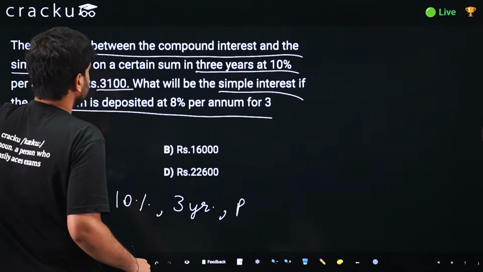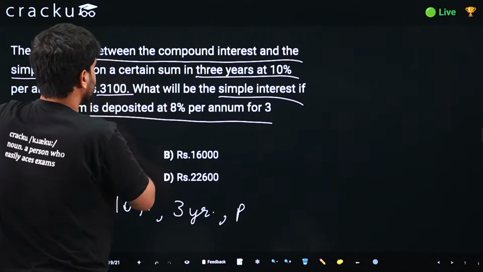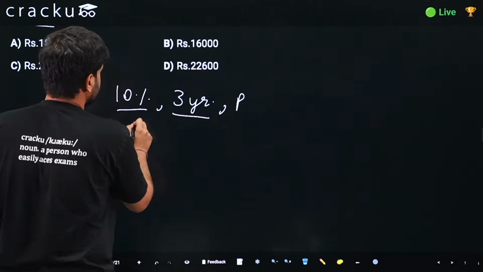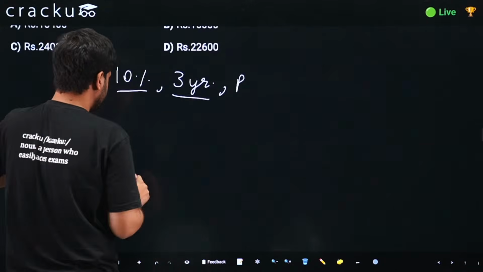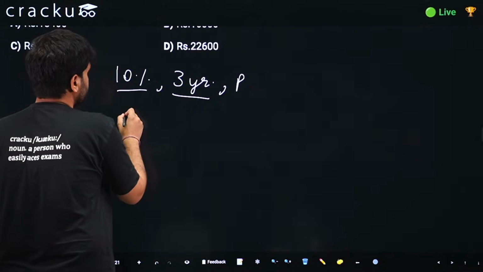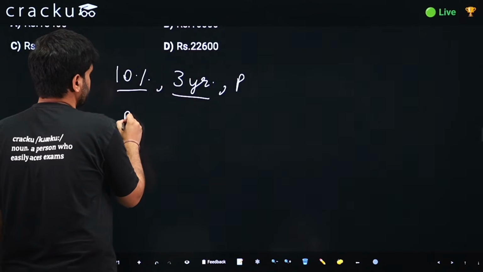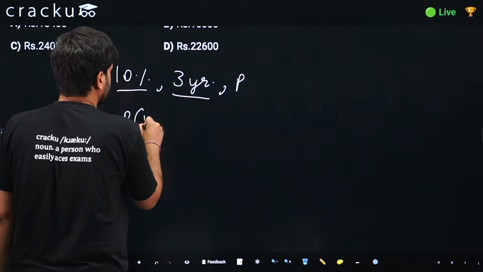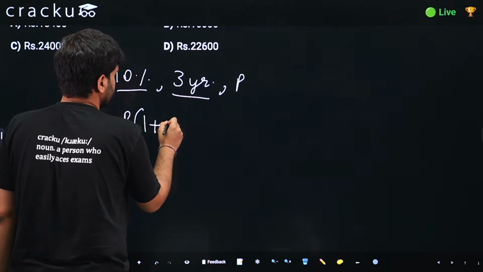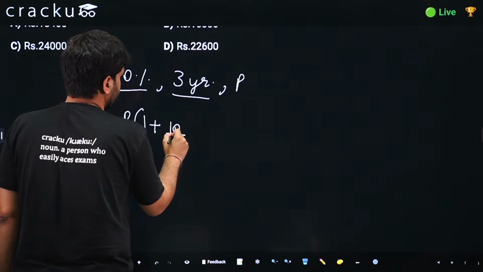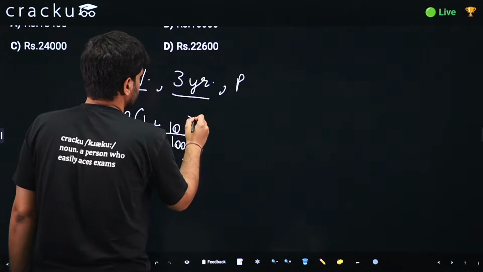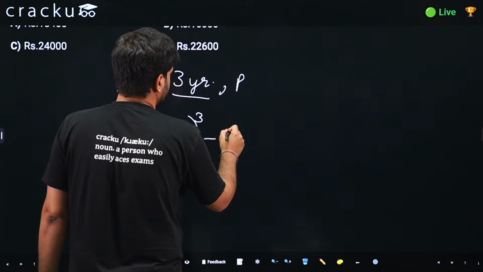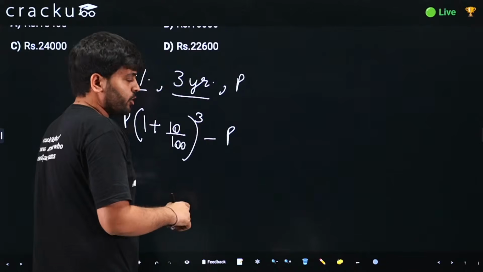Can we write CI as well as SI for 3 years at 10% on principal P? So CI, compound interest, would be amount minus principal. Amount is P into 1 plus 10 by 100 to the power 3, minus P. This would be the compound interest.